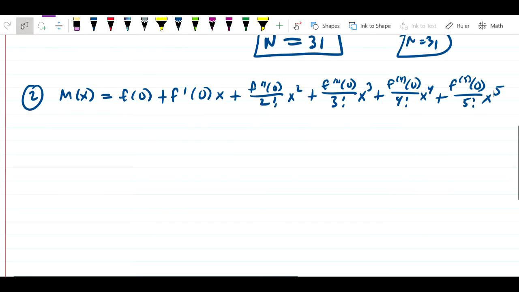So for problem 2, I've put up the series. It's actually more of a polynomial. It's supposed to hint at the idea of what a Maclaurin series is. So we see that M of x, as I've defined it, is f(0) plus f prime of 0 times x plus f double prime of 0 over 2 factorial x squared, etc. By the time you've done this problem, presumably you've memorized the formula for Maclaurin series.